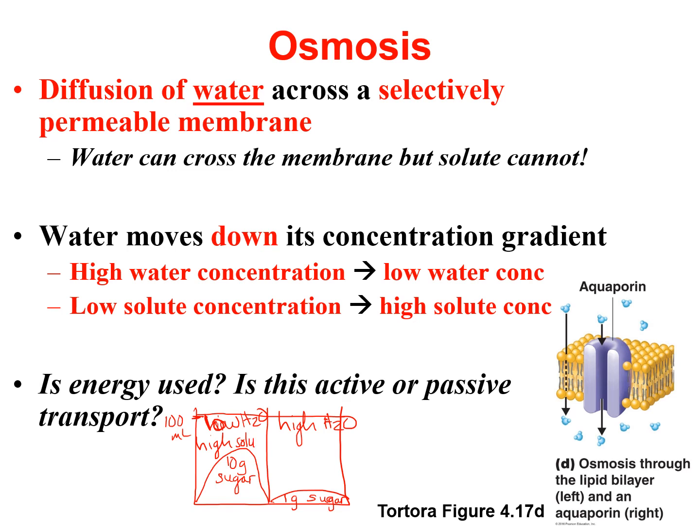You've got more sugar over there. The other side has less sugar, lower solute, so you have more room for water, so the water concentration is higher. So with osmosis, water would move down its concentration gradient, going from high to low concentration of water.